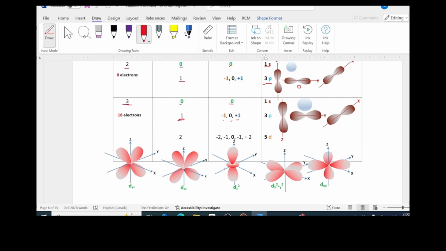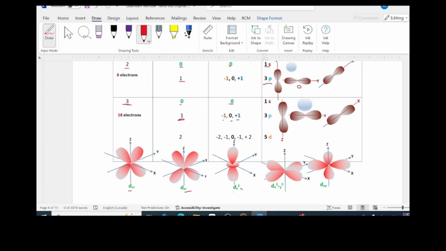But now because you have 5 different d orbitals that are oriented along different axes here, later on we talk about these. D orbitals are 4 lobe orbitals, 4 of them are 4 lobe orbitals, and this one is like a dumbbell shape passing through this donut-like structure here, okay? And because they're oriented along these different axes here, they're described as such. This is dyz, dxz, dz square, dx square minus y square, and this is dxy.